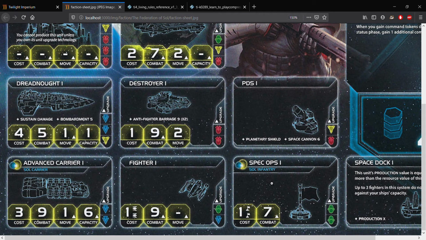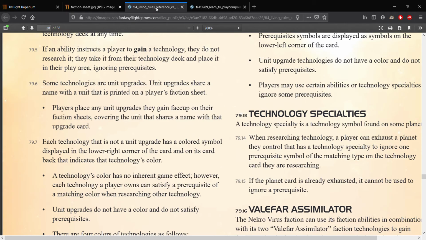Now, apart from this probably bringing up all sorts of conflicts if you were to research Infantry 2 and Spec Ops 2, this technically was breaking the rules of the game. Because going back to the living rules reference, 79.6 clearly says that unit upgrades share a name with a unit.